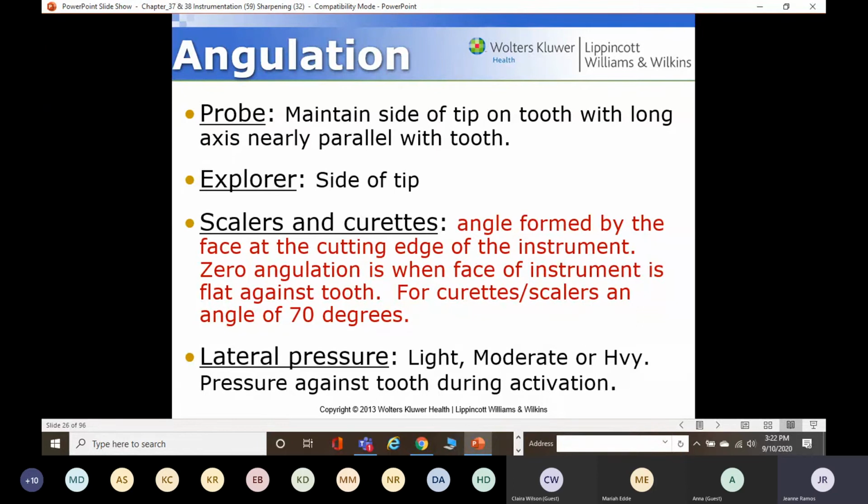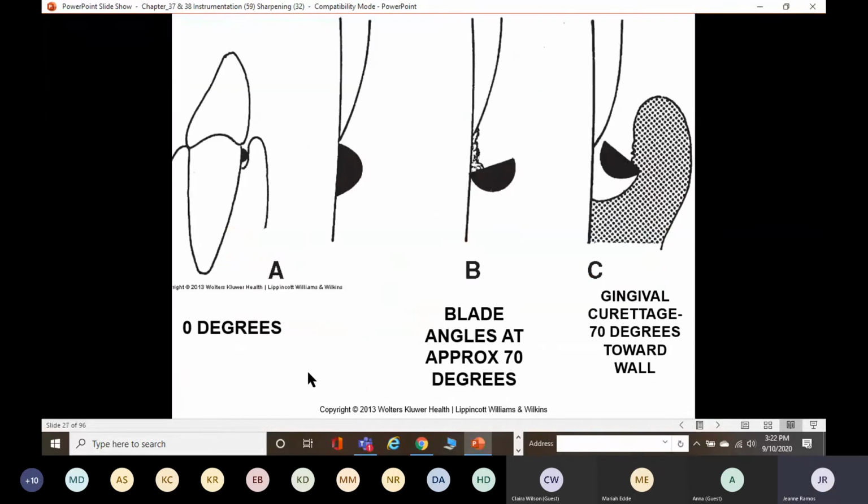Few people do it that way, actually, but that is what zero angulation is. For curettes and scalers, you want to open it up to 70 degrees to the tooth surface. You put light, moderate, or heavy lateral pressure against the tooth while you're doing your activation stroke.